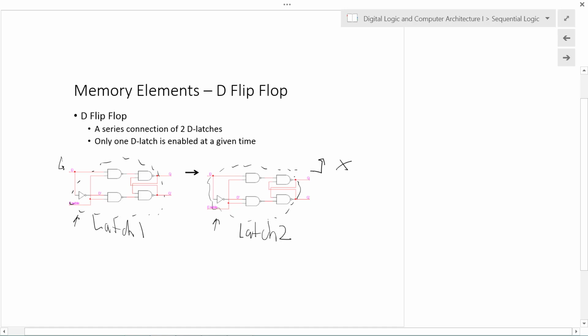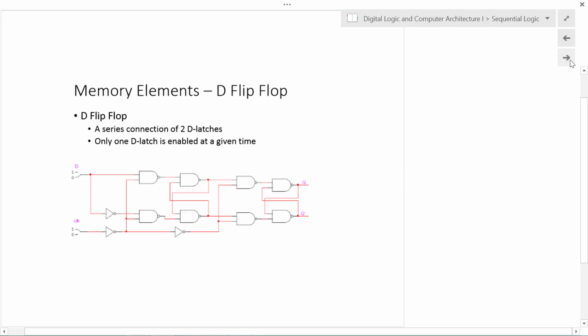Let's say instead we wish to make a logic element that is non-transparent and doesn't just have the latches trip like dominoes. We can put two latches together and add a little extra logic. Notice here we have latch 1 and here we have latch 2.